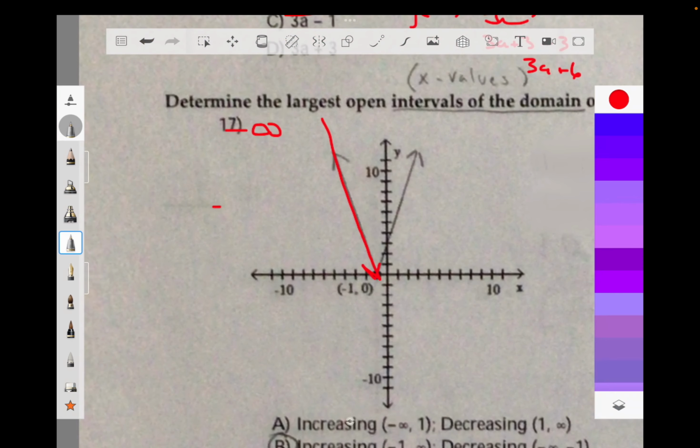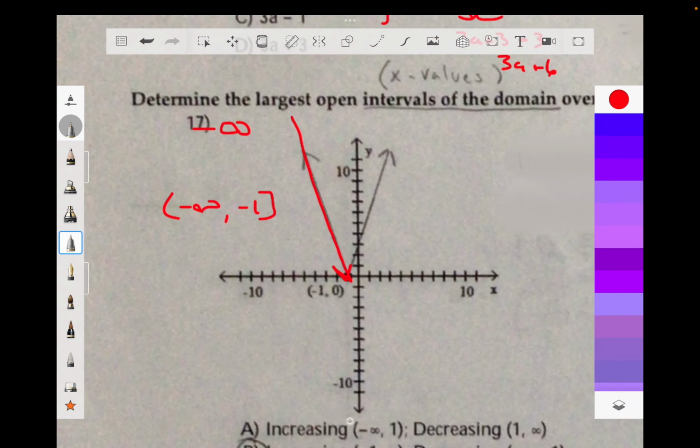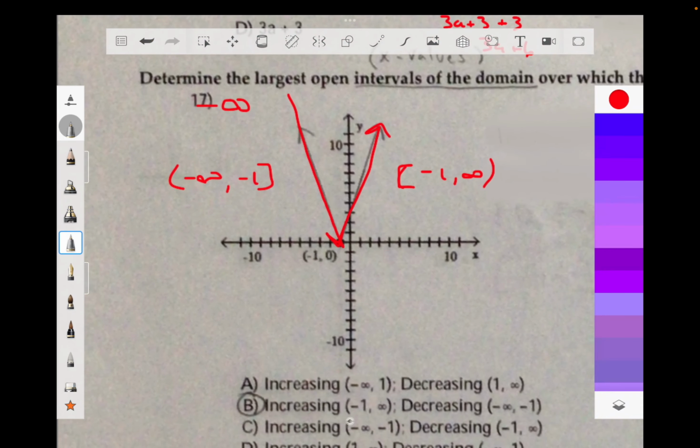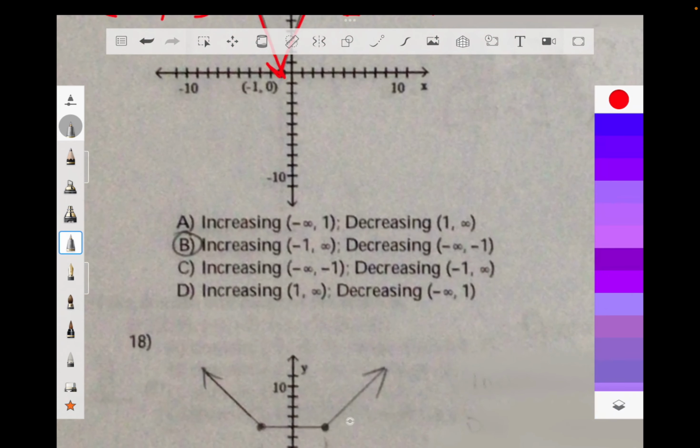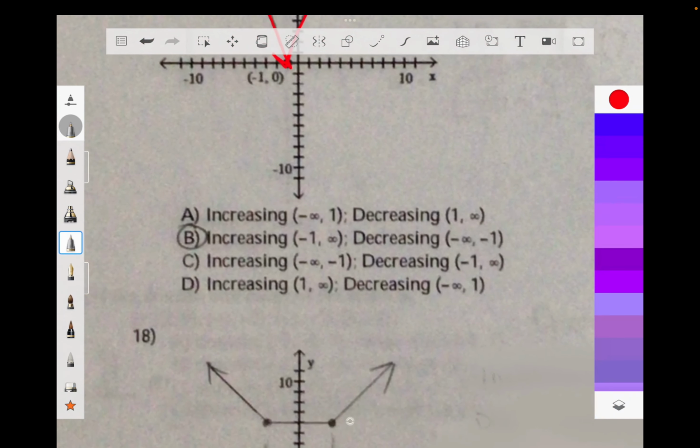And then from negative 1, it starts to increase all the way to positive infinity. They use the curved bracket, but whatever. Increases from negative 1 to positive infinity, decreases from negative infinity to negative 1, which is what I said, but reversed.